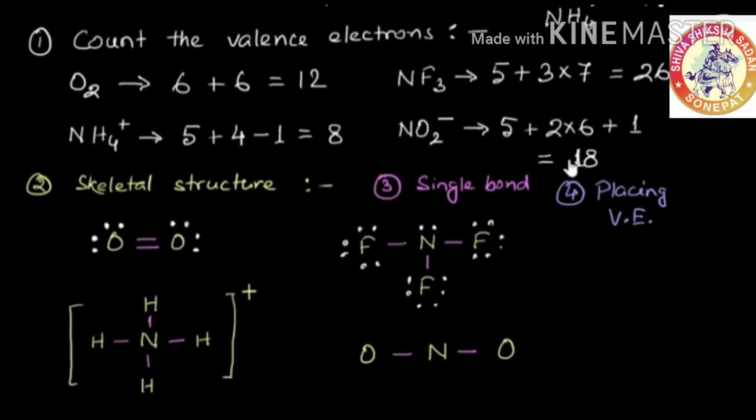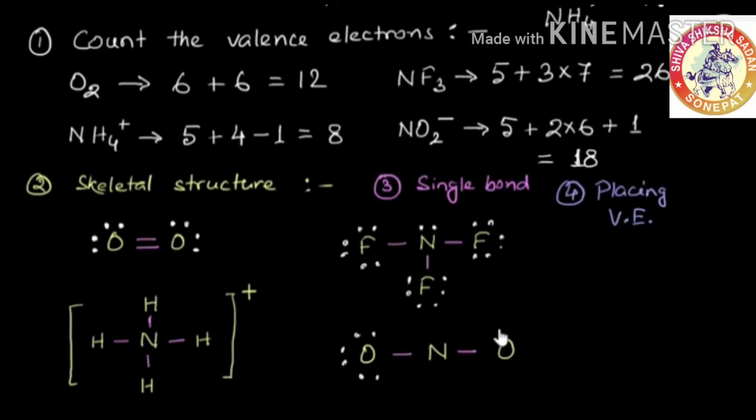The last molecule is NO2 negative. In this, valence electrons are 18. Out of 18 electrons, 4 electrons are used in 2 single bonds between nitrogen and oxygen. So, the number of valence electrons left is 14.